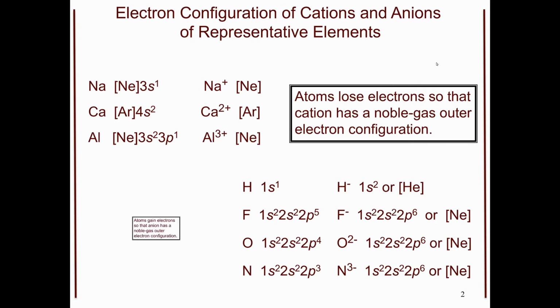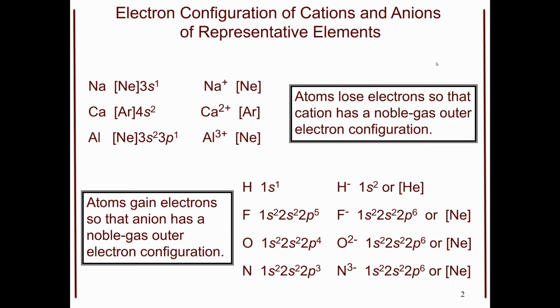So the rule of thumb for species that gain electrons, our anions, is that atoms will gain electrons so that the anion has the outer electron configuration of the next noble gas. If you look at oxygen, oxygen is 2p4. How many electrons do I need to fill up the 2p subshell? I need 2 of them.